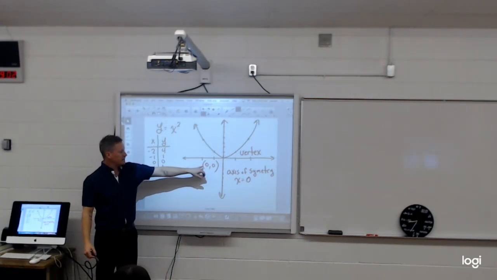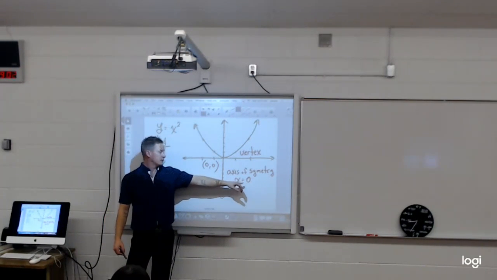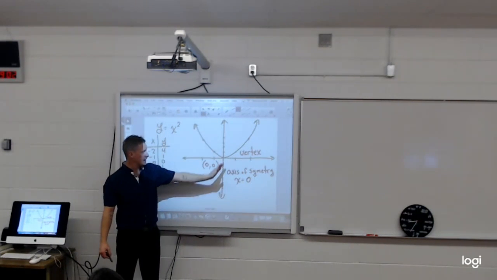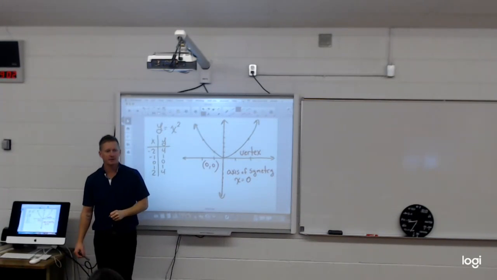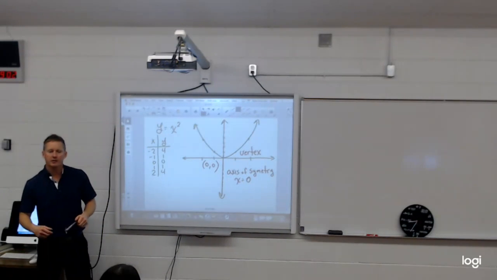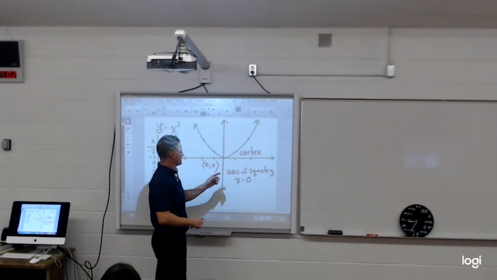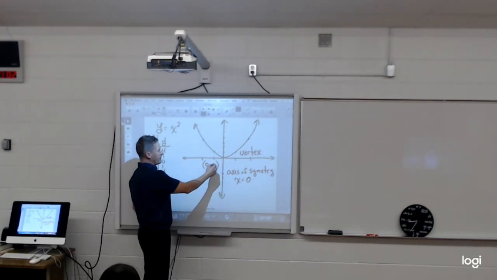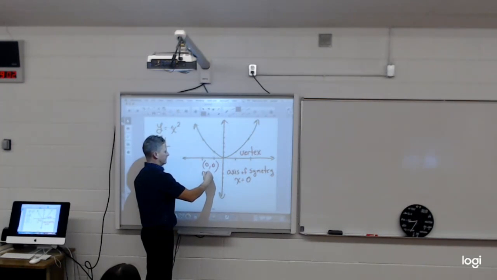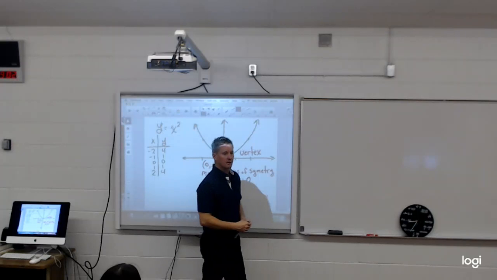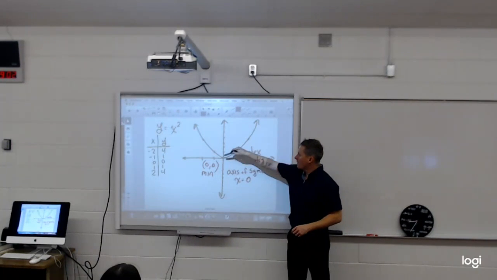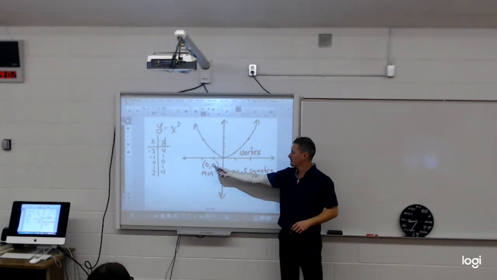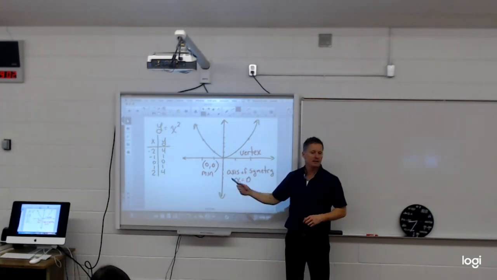The x value of the vertex is used for the equation of the axis of symmetry. So x equals 0, because that line is a vertical line going through x equaling 0. The y value of the vertex tells us a couple of things. First of all, if the graph opens up, then the y value of the vertex is a minimum value. All of my y values are greater than that right now. Therefore, this value right here, 0, is a minimum value.